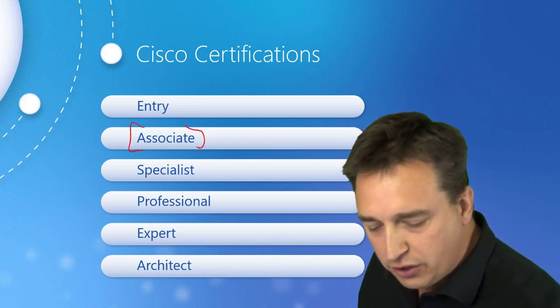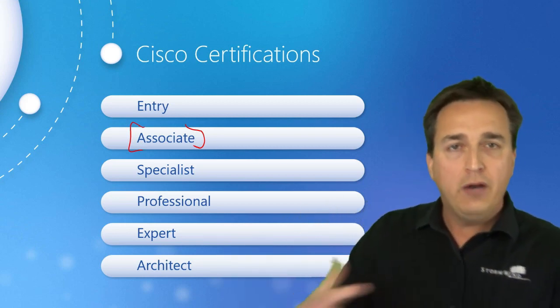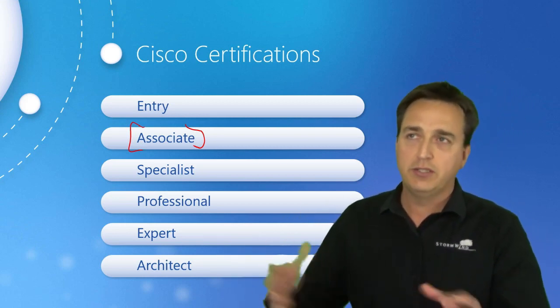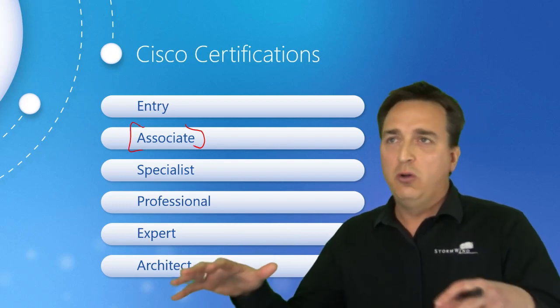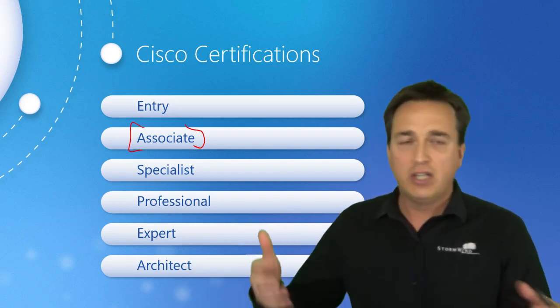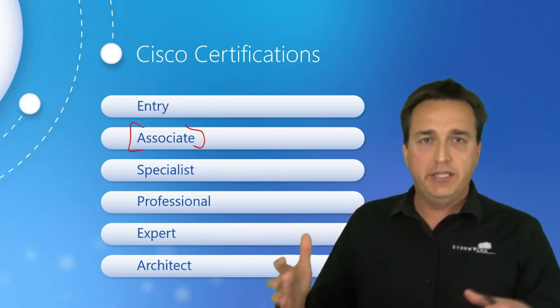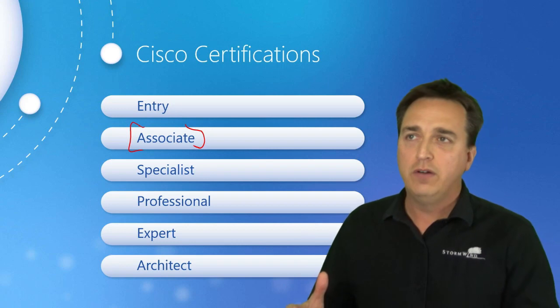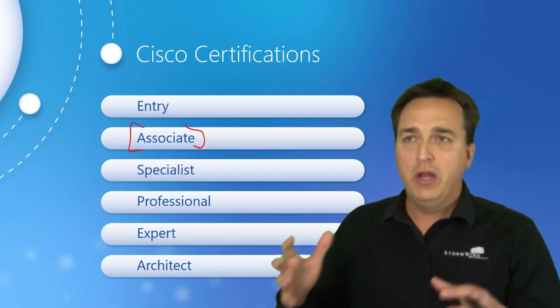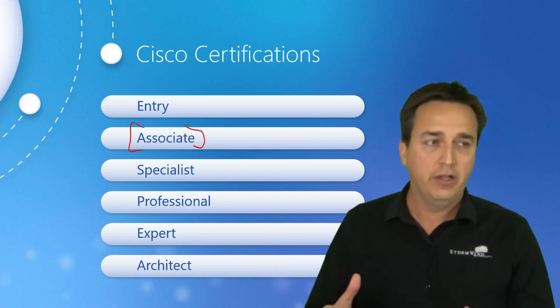Now, the associate terminology can definitely be misleading. Why do I say that? Because sometimes associate means low level, entry level. You don't necessarily have a lot of responsibilities. But the associate level for CCNA requires you to have a large amount of knowledge, and to be able to apply that large amount of knowledge.